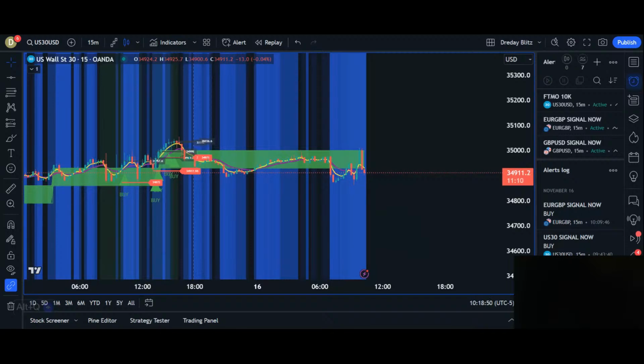Yeah, so the buys are still valid since yesterday, even since Friday, on US 30. So if you have taken the buy since Friday and held on to that trade, you would be in big profit here.